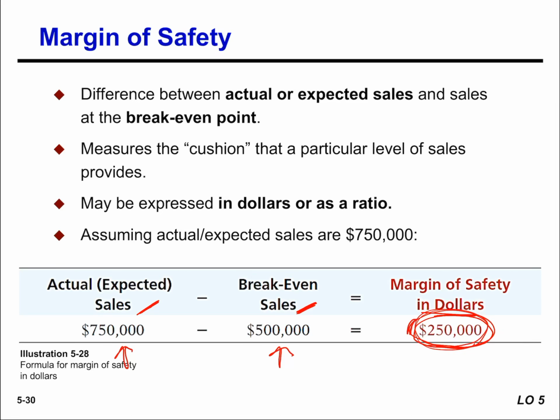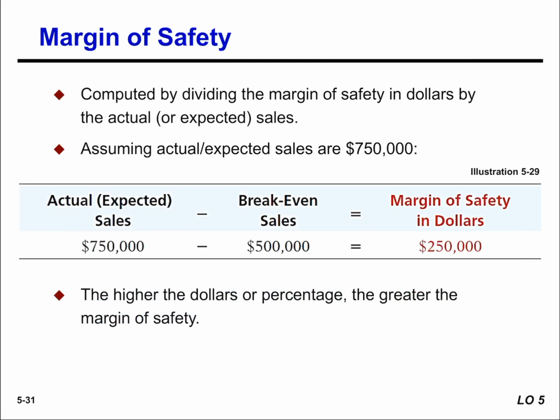So margin of safety is kind of looking at what's my cushion, as they talk about here. The other thing that we can take a look at is, what is that in terms of a percentage? So sometimes we want to look at, well, I could lose 250,000, but 250,000 is what percent of my current sales, which is 750,000. So if I divide those two, I can look at that as a percentage as well.